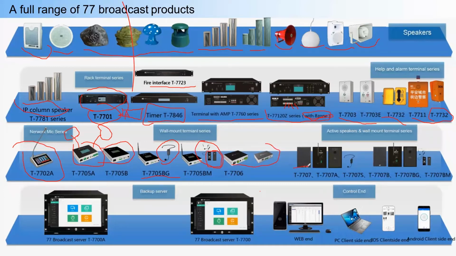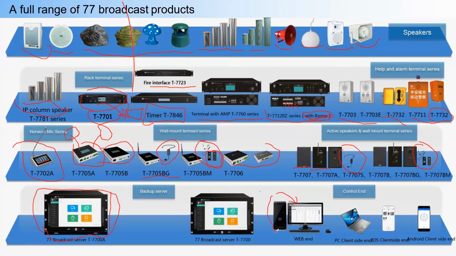And these are the active network speakers with the wireless microphone, and also this one with a microphone and the MP3 remote. And at the last line is the server, the rack server. If the budget of the project is small, we can also just install the software onto a PC.